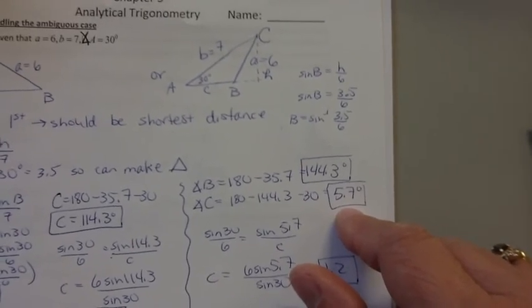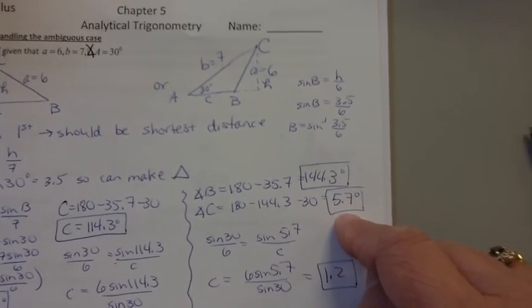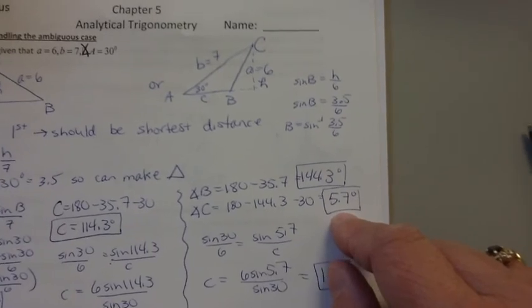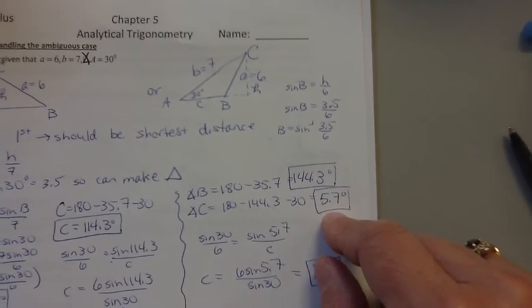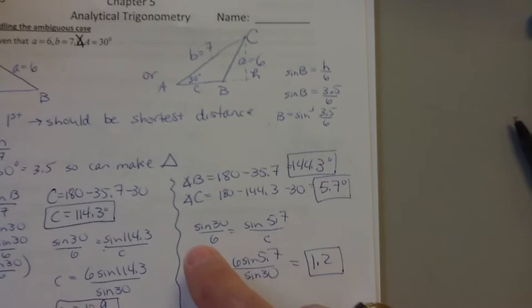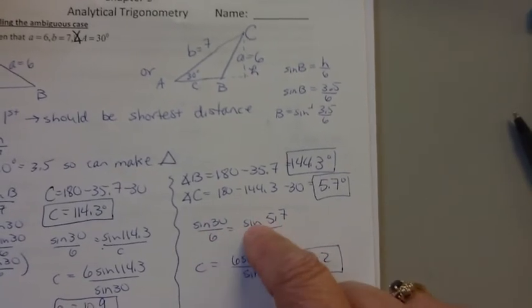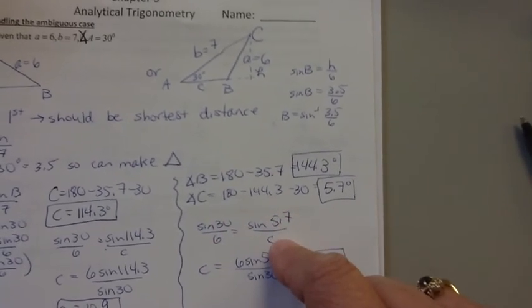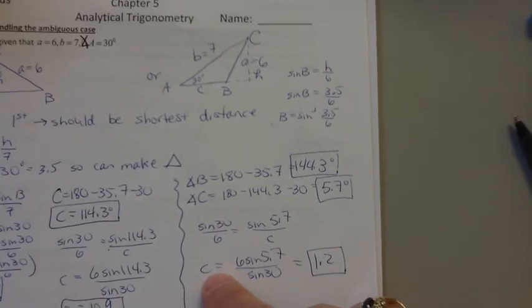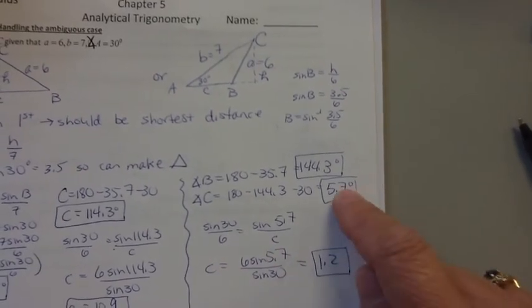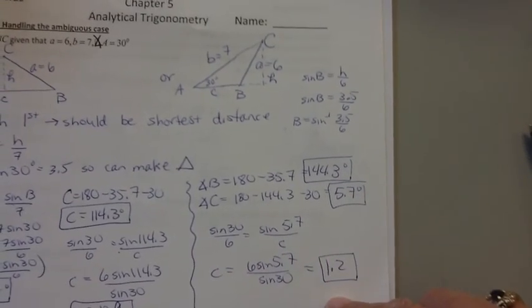All right? So now what I have to do is find the side. Let's take sine of 30 over 6 is the sine of 5.7 over c, and I cross multiply and solve for c. Smallest angle does have the smallest side.